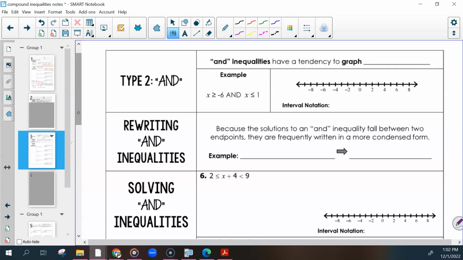Everything you know about or inequalities will be different for and. They're like opposites. So if or inequalities have a tendency to graph apart, and inequalities have a tendency to graph together.